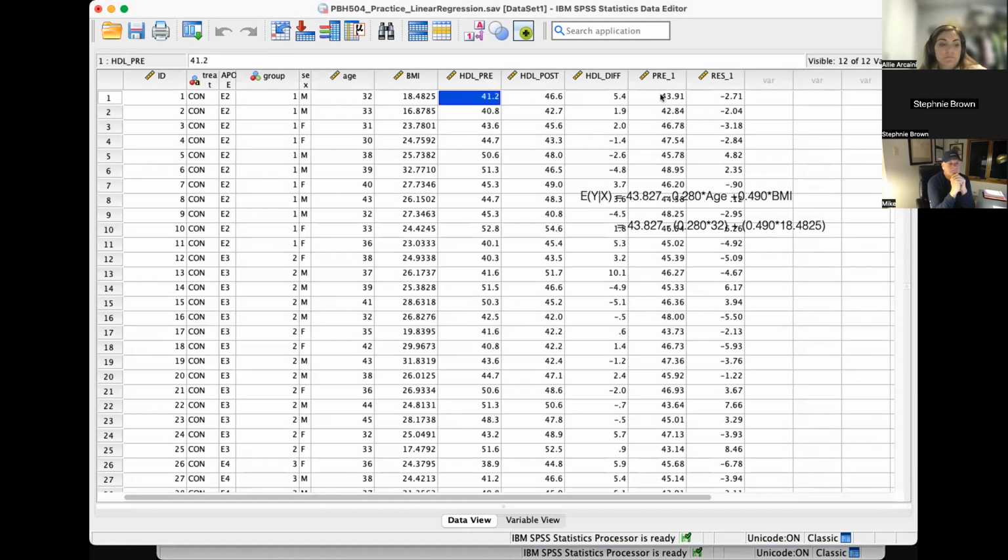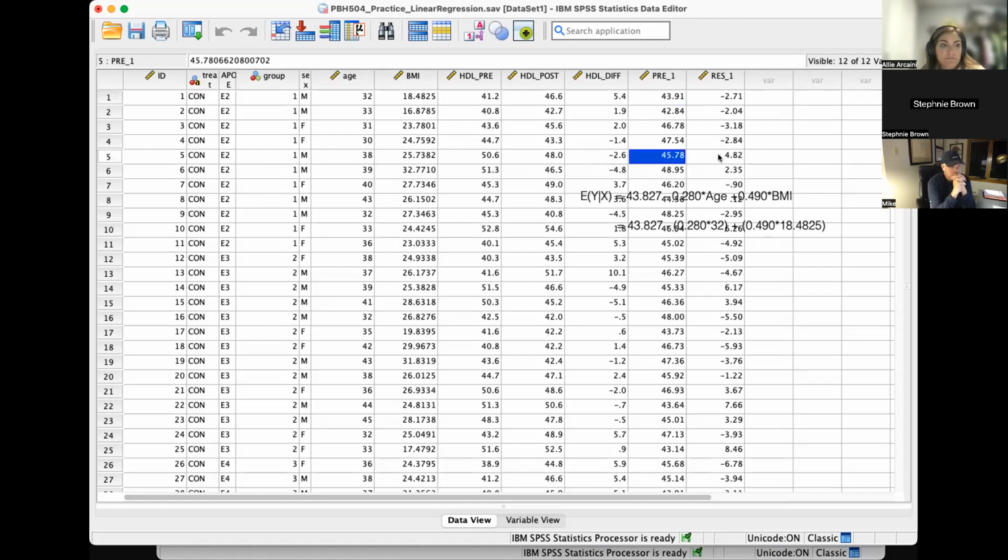So it's always observed minus predicted. This person has a negative residual because their predicted HDL was larger than what it actually is. So based on the equation, we overshot for this person.